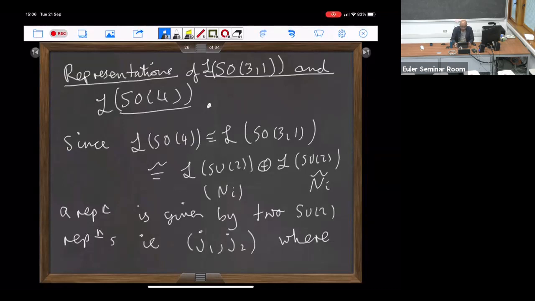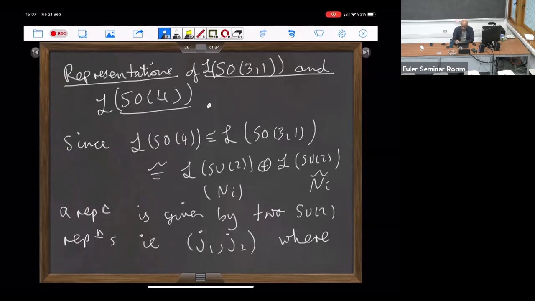So we've got 2 copies of SU2, which means that I need to pick a representation of both of them. As we reviewed, and I guess you might already be studying in more detail the SU2 representation theory, the representations are just given by choosing a spin, which can be an integer or any half integer. So we choose a spin for each of the two SU2s. So we have J1 and J2.